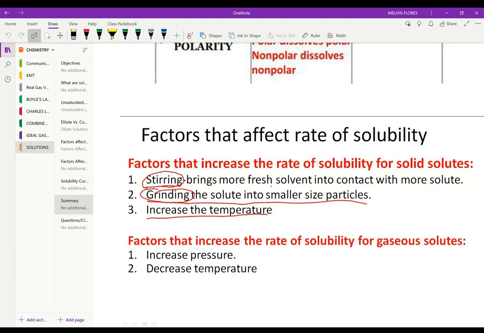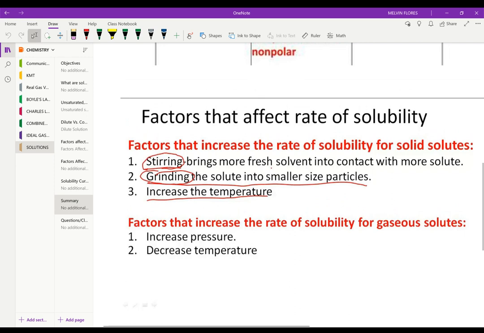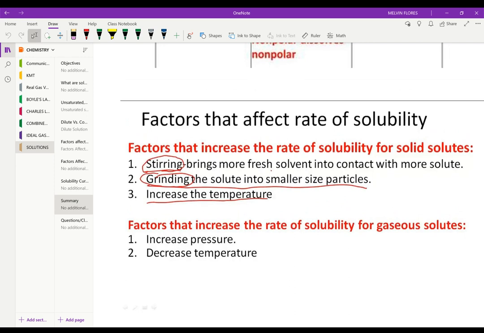And of course, by increasing the surface area of the solute particles by grinding into smaller pieces. The smaller the particles are, the faster they dissolve in a solvent. And of course, increasing the temperature and increasing the pressure. So these are the factors that affect the solubility of a substance.